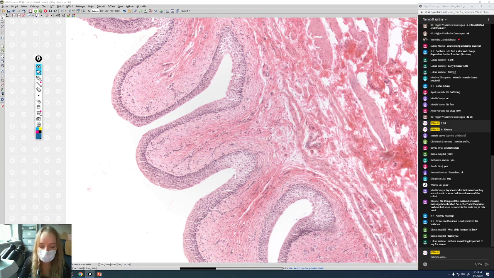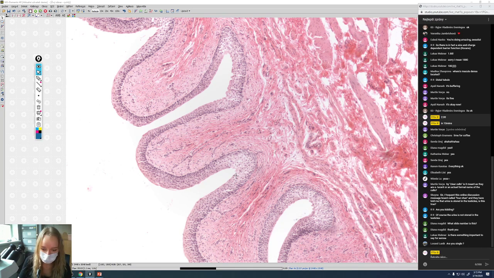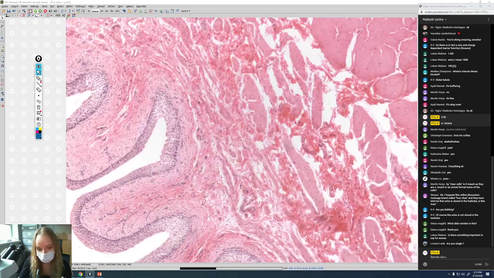Serosa is the same as all serosa in the digestive system, which is in the peritoneal cavity. So serosa is just the part made of loose connective tissue with simple squamous epithelium, mesothelium, on its surface. So it's just loose connective tissue. Probably there are some adipocytes in there, and the mesothelium.